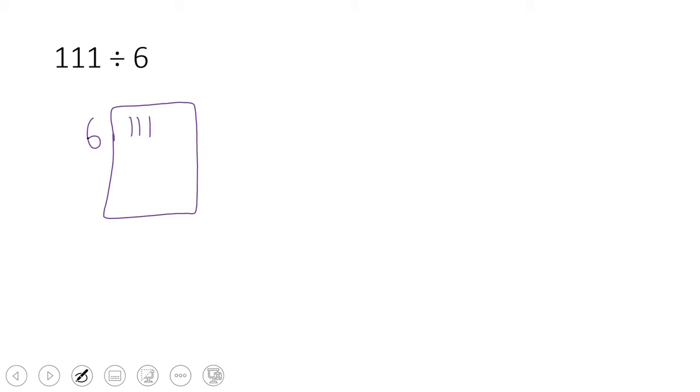And I am tempted to say 20 because I know 6 times 20 is 120, but 120 is greater than 111 and we cannot go over. So I'm just going to stick with a nice simple 10. 6 times 10 is 60.